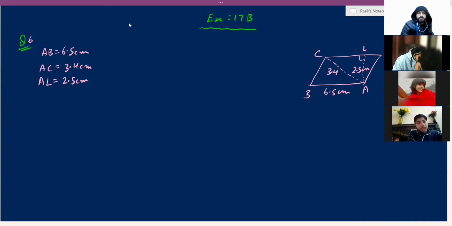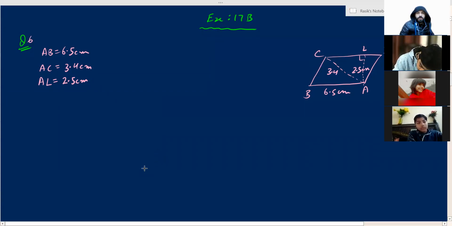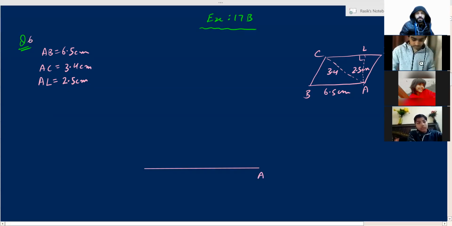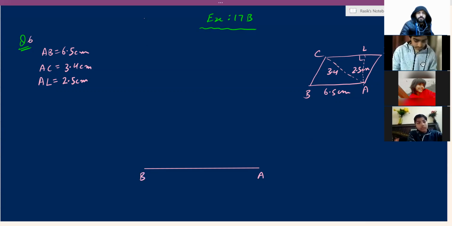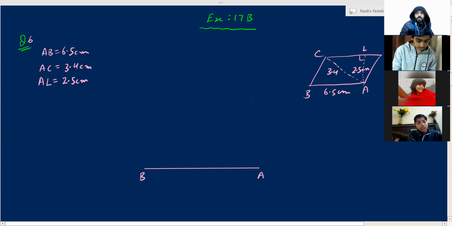Let's start. Draw a line segment AB of 6.5 centimeters first. Don't forget to write A on the left side, A here and B here. Now we will be using a protractor to construct a perpendicular from vertex A. Why are we using a protractor?